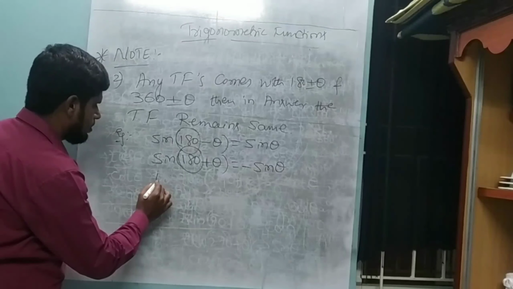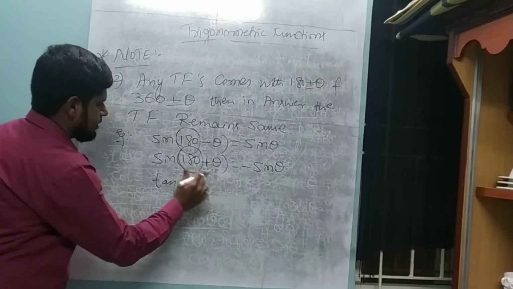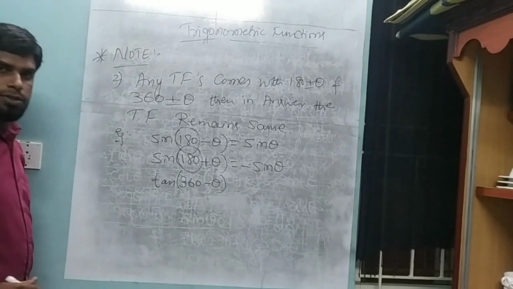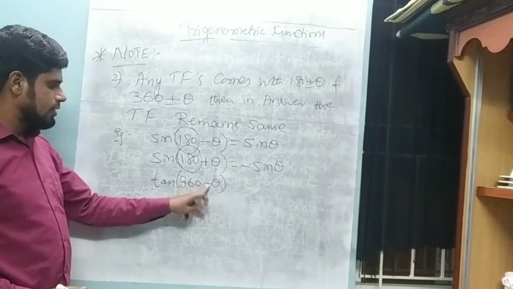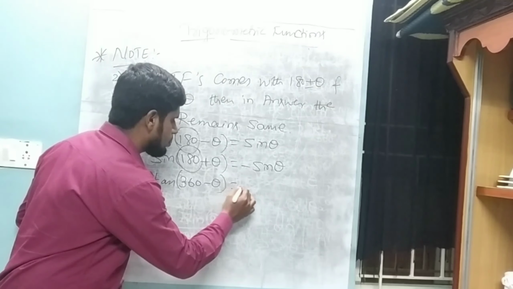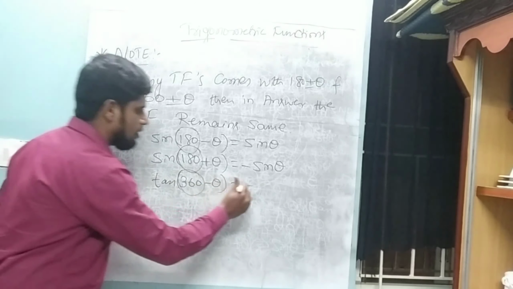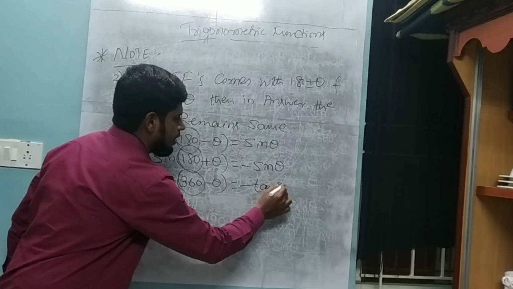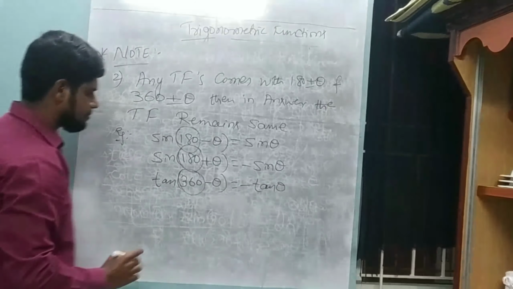Next, tan 360 minus theta. Student, 360 minus is in the fourth quadrant. In the fourth quadrant tan gives a negative answer, so it is minus. Because of 360, the tan function remains tan only. 360 vanishes, only the standard angle theta remains, so it is minus tan theta.